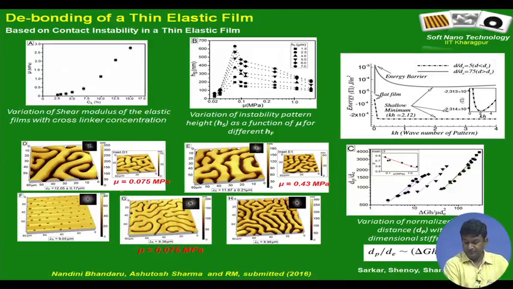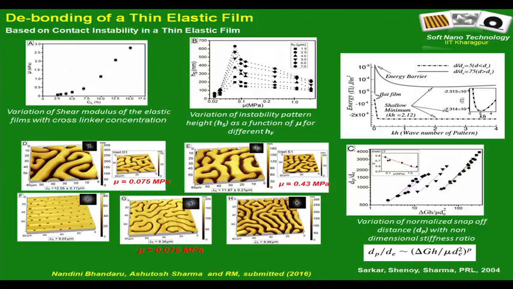The last thing that I would like to emphasize is that while I was talking about elastic contact instability, I mentioned that there is a hysteresis. In fact, as you try to debond the film, it also undergoes morphological transition.